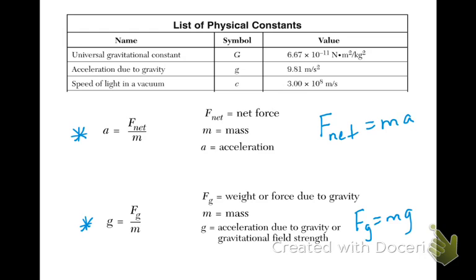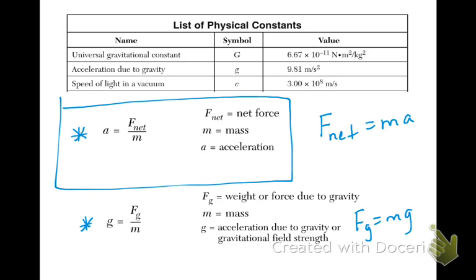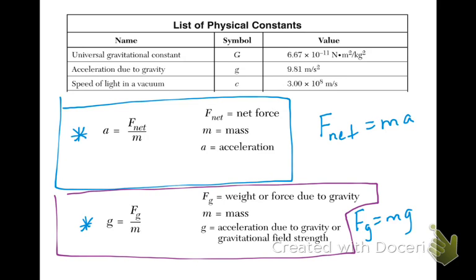I just want to show you how pretty much identical they are. If we take a look at this top equation here, F net equals ma, our acceleration equals our net force over our mass. Pretty self-explanatory equation. However, if we take a look at the equation on the bottom here, we've got our acceleration due to gravity, which can be found right on the front of your reference tables, 9.8 meters per second squared.